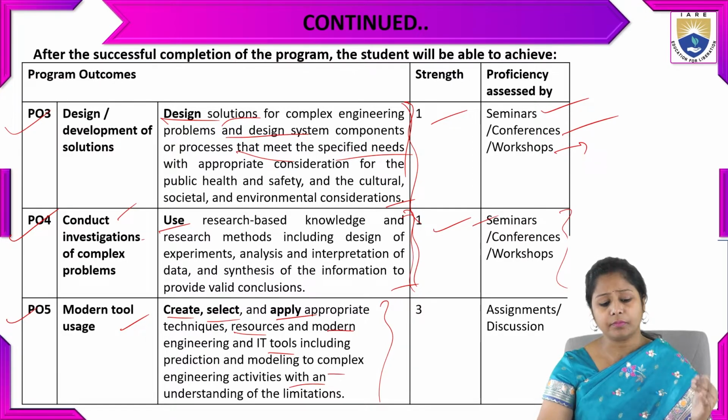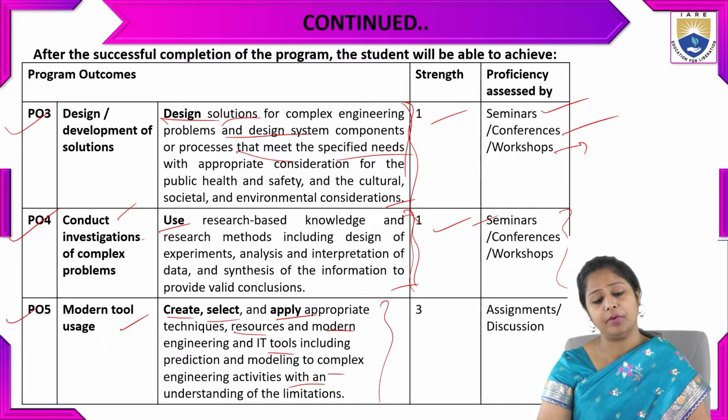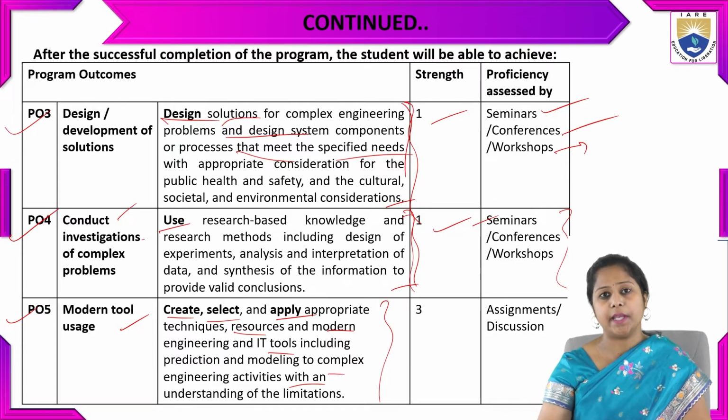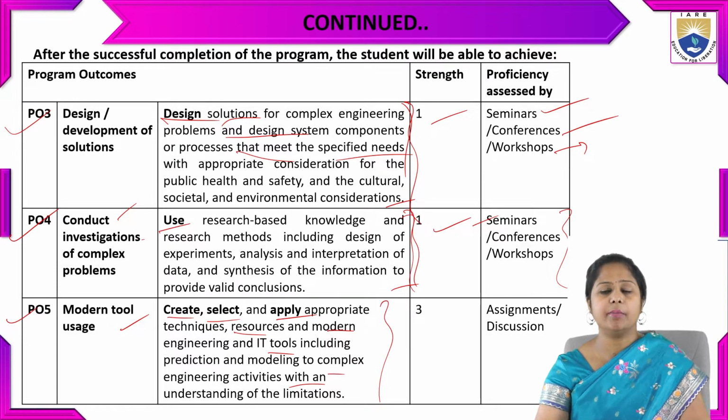So on this phase of PO, the student will be able to understand about the particular problem, and he has to make some of the limitations, what are the limitations, while he has to research about that.